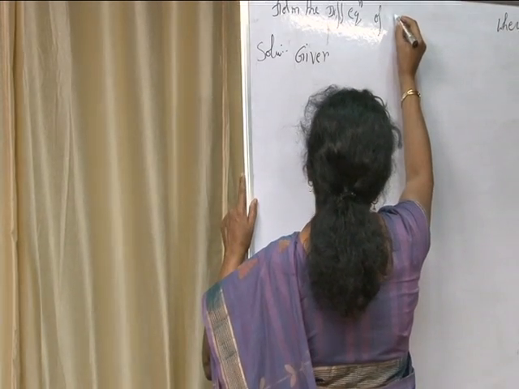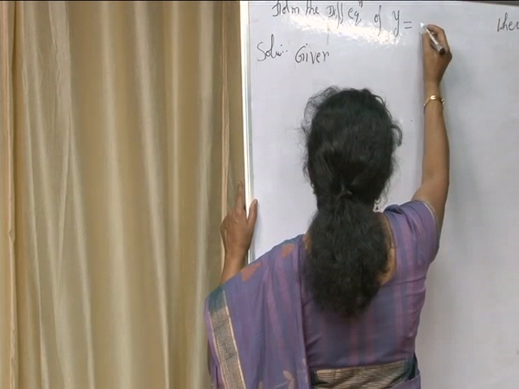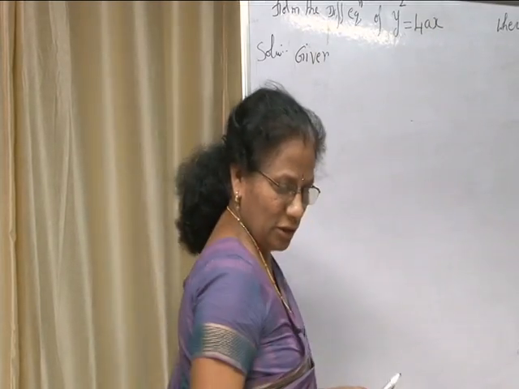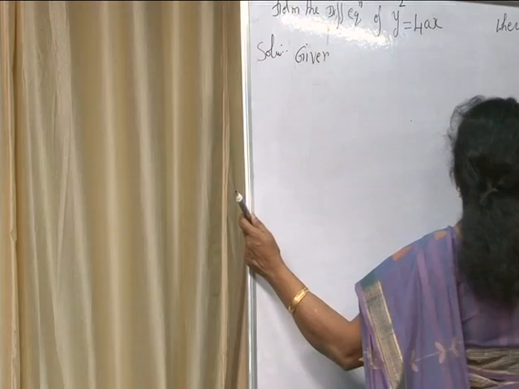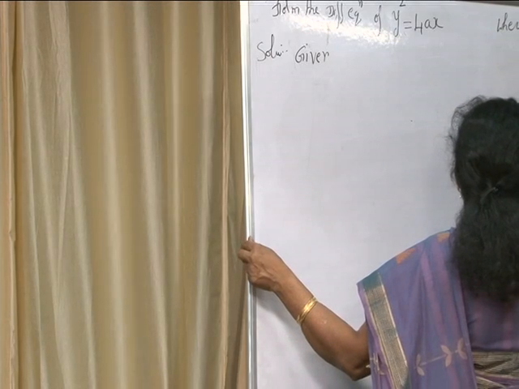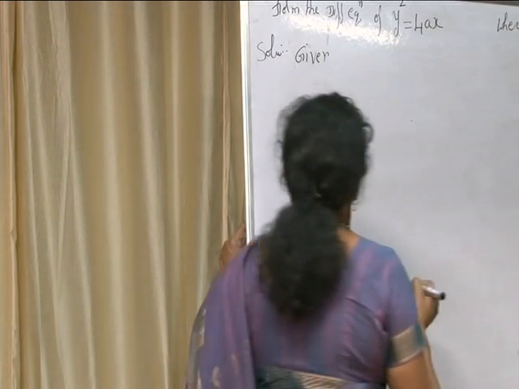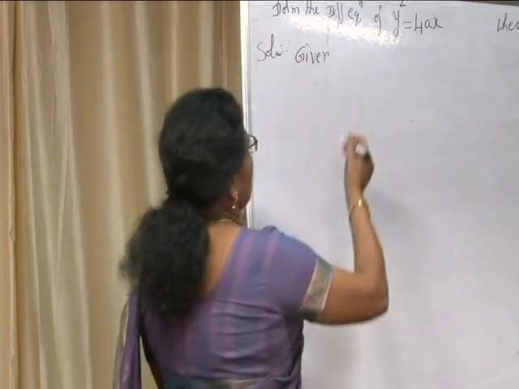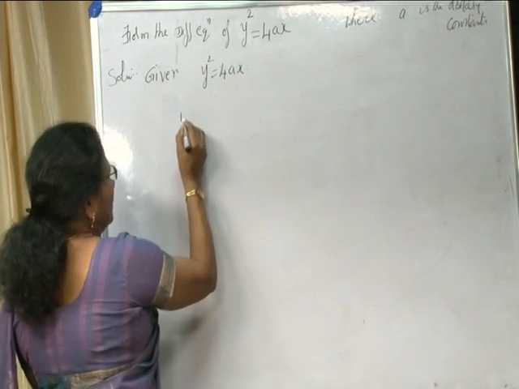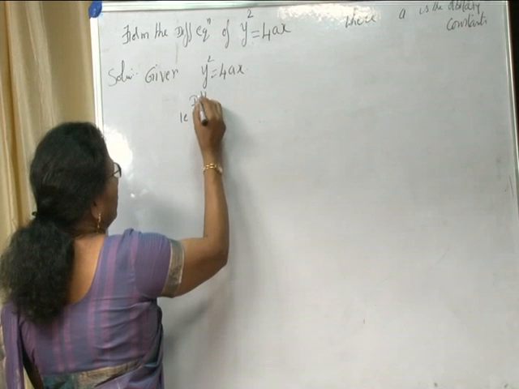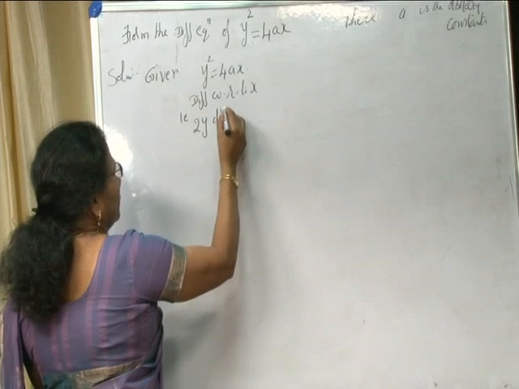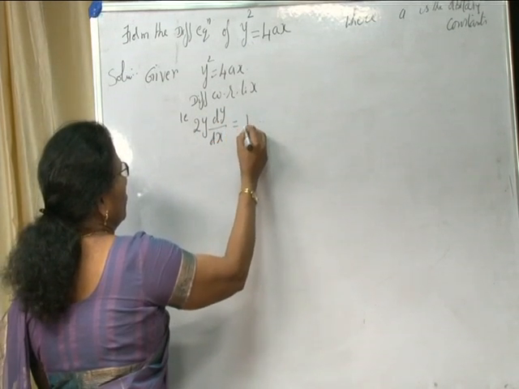Form the differential equation of y squared is equal to 4ax, where a is the arbitrary constant. So these are all very simple problems. Given y squared is equal to 4ax, differentiate with respect to x: 2y dy by dx is equal to 4a.